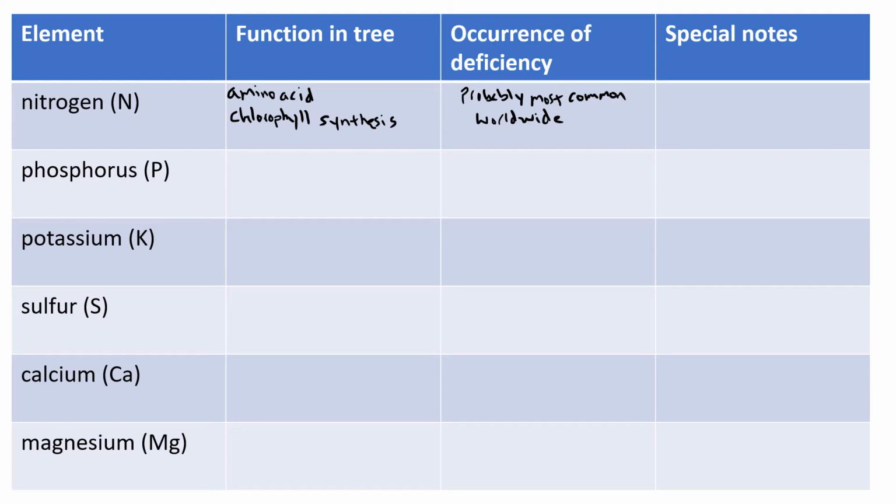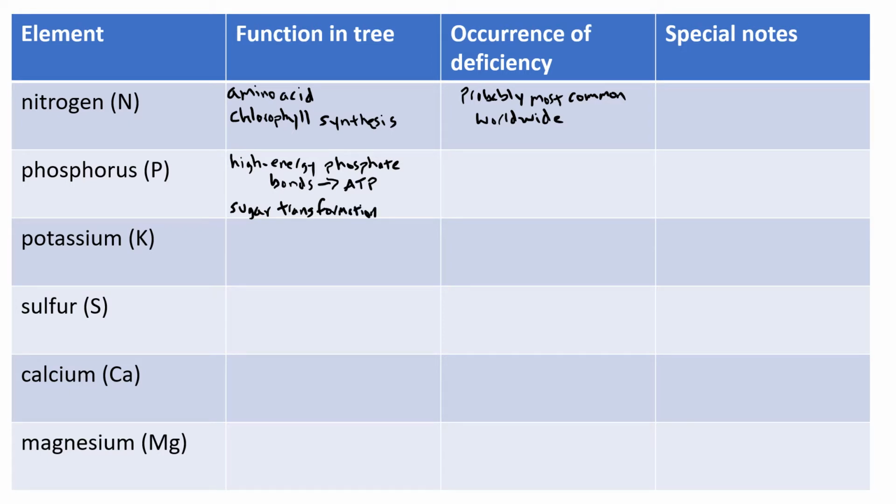Phosphorus. We've talked a lot about phosphorus through its role in a couple of things. One, high energy phosphate bonds, so for instance, ATP. So phosphorus is really important for those energy containing molecules. And we've also talked about how phosphate is important for sugar transformation reactions.